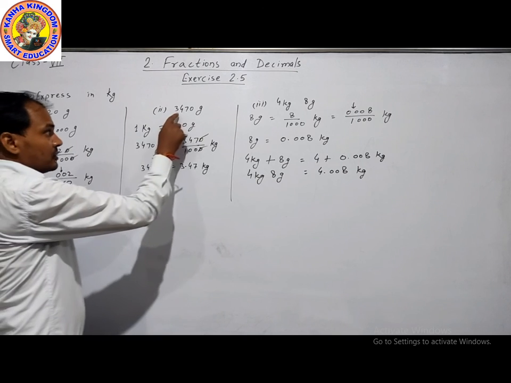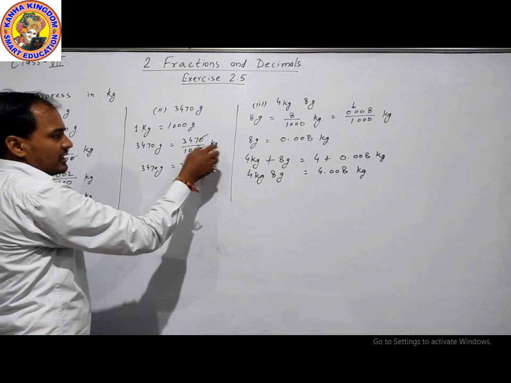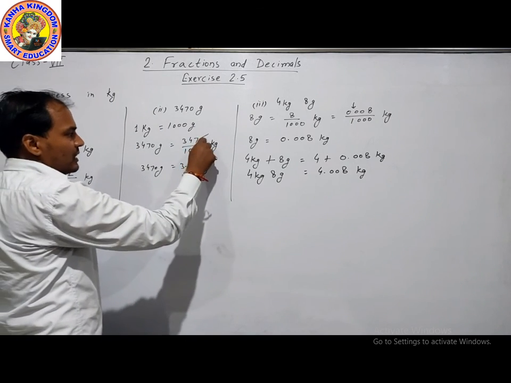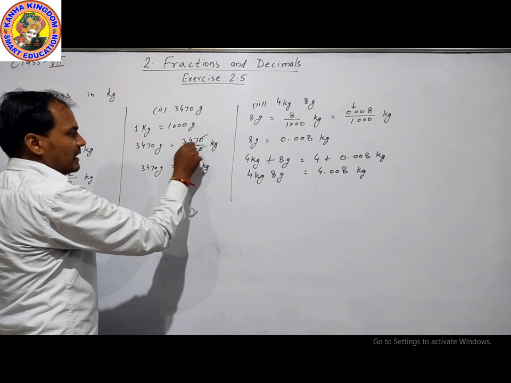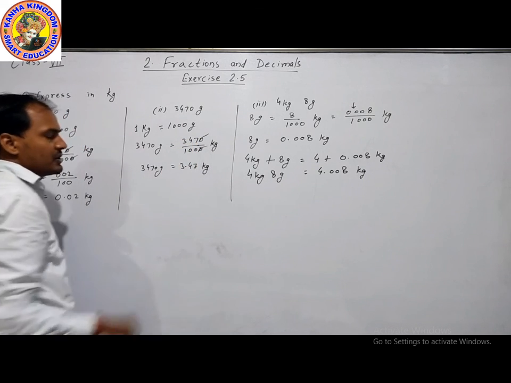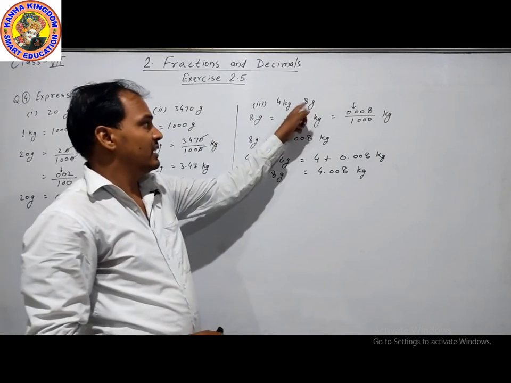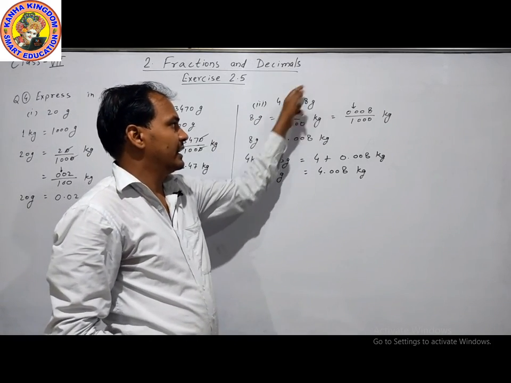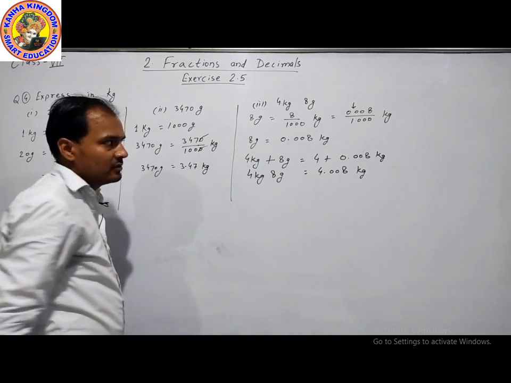Now 3470 gram will be divided by 1000 to convert in kilogram. 1 0 can cut. Now 1 and 2 decimal point, 1 and 2 here. 3.47 kg our answer. 4 kg 8 gram. First of all, 8 gram convert into kilogram by dividing by 1000.